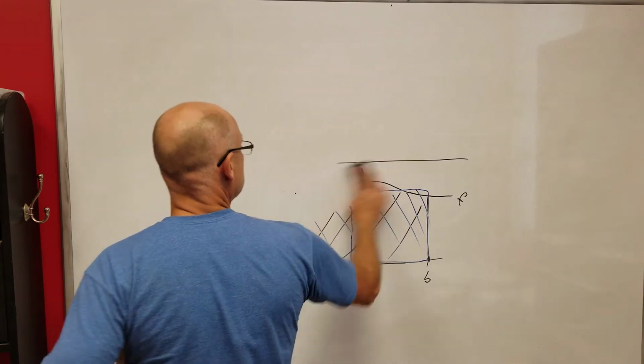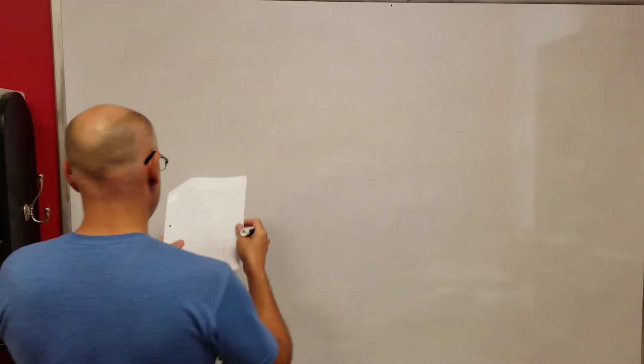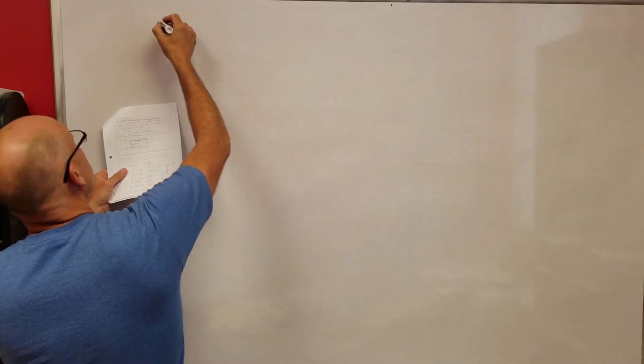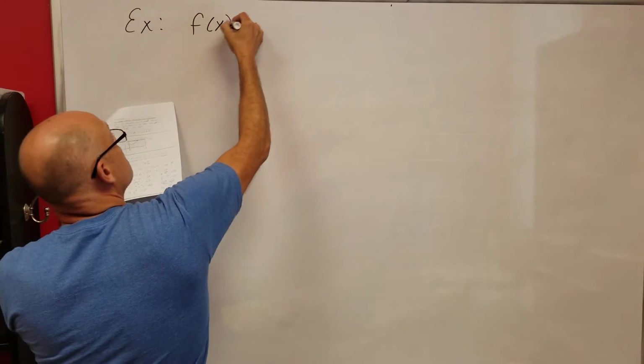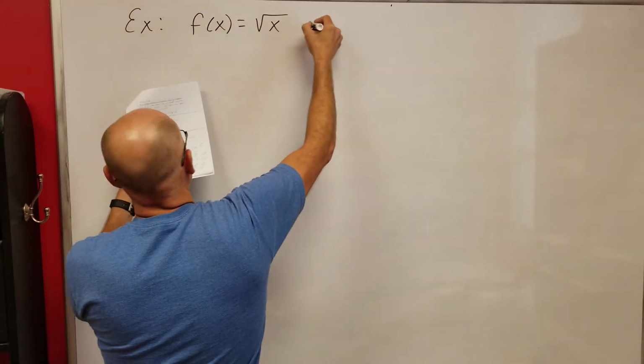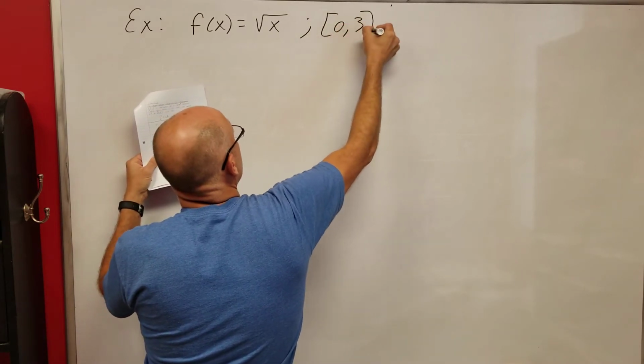Let me erase this and we'll get to our example on the notes. Okay, so on the notes we have: find all values of x star that satisfy the conclusion of the mean value theorem for integrals. And we have f of x is equal to the square root of x, and we have the integral from 0 to 3, okay?